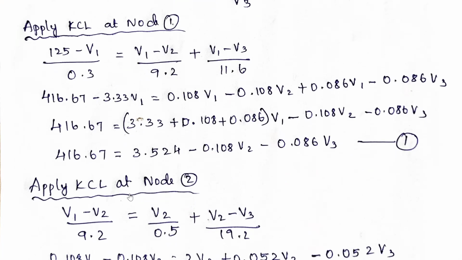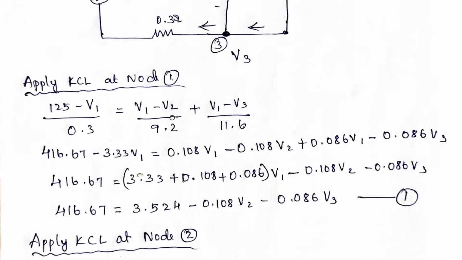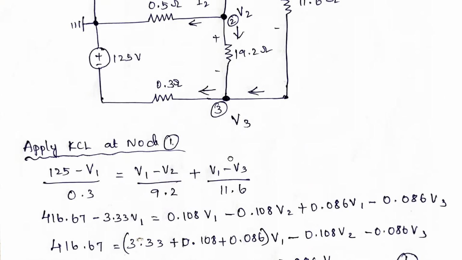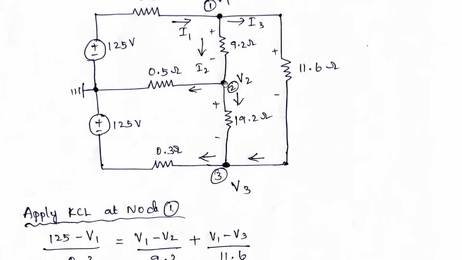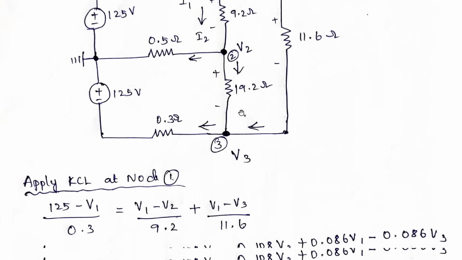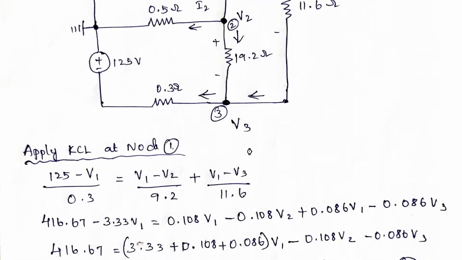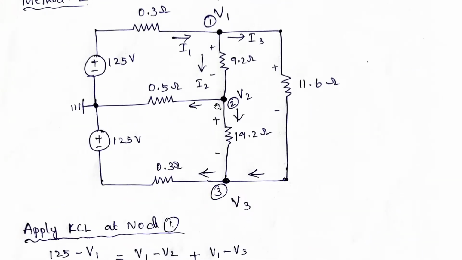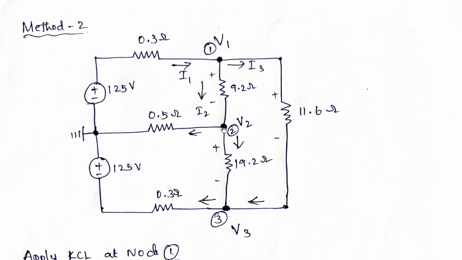Next, applying the KCL at node number 2. In node number 2, here V1 is there, here V2 is there, and one resistor is there.